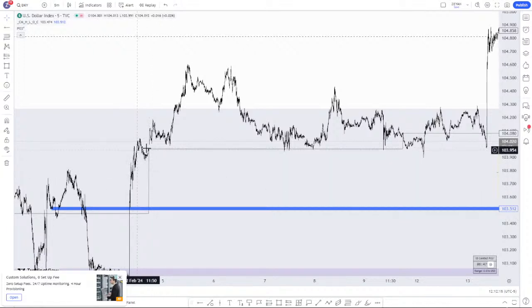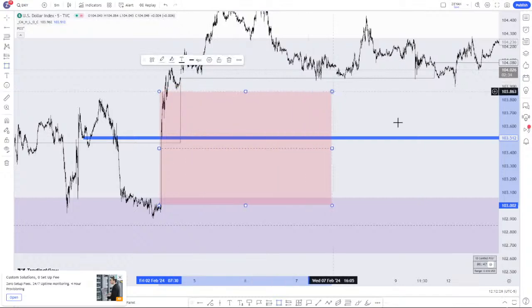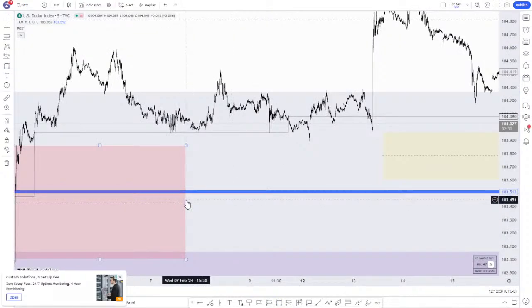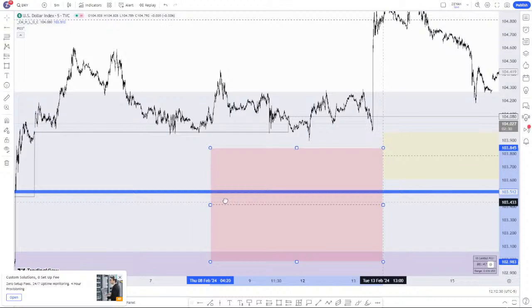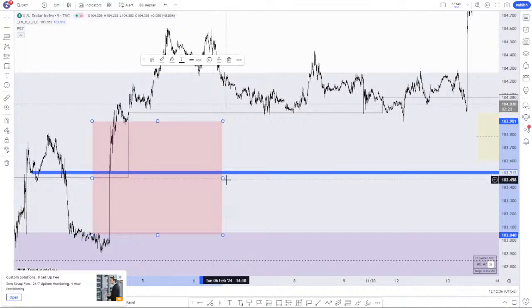When we moved above this point, this whole point was the area of interest earlier. This whole box, generally somewhere here.